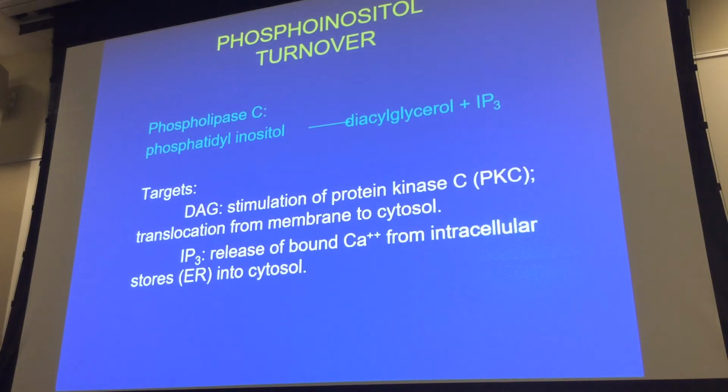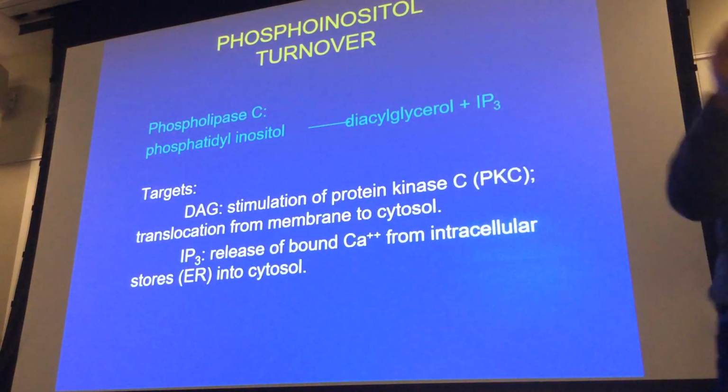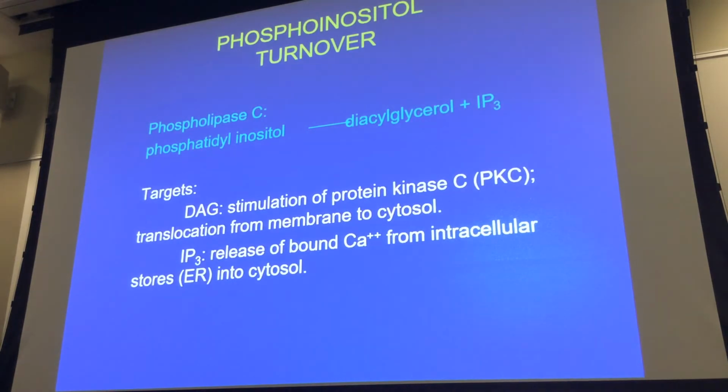But what IP3 does is it binds to a specific receptor on the endoplasmic reticulum and releases the calcium from that storage compartment. So now you have a big increase in intracellular calcium, and the calcium can then go on to do a variety of things like increase neurotransmitter release and produce muscle contraction. So once again, two entirely different signals produced by one enzyme, all right?